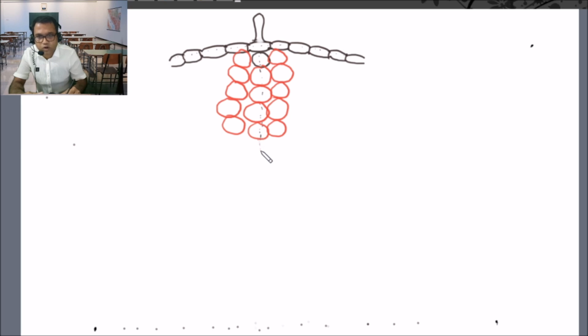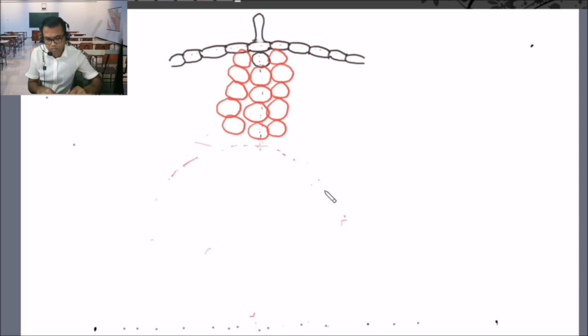Now we have to draw the stelar portion. In this stelar portion, at first we have to draw the endodermis.